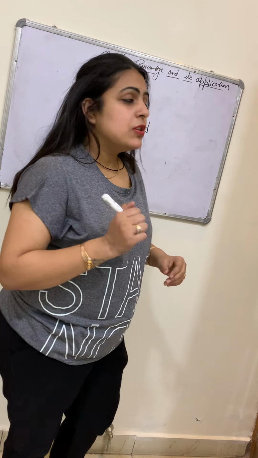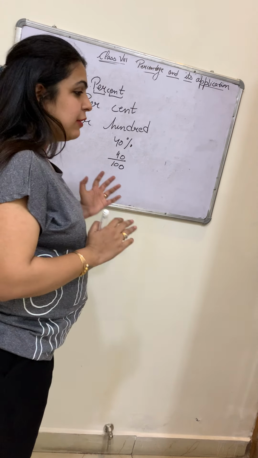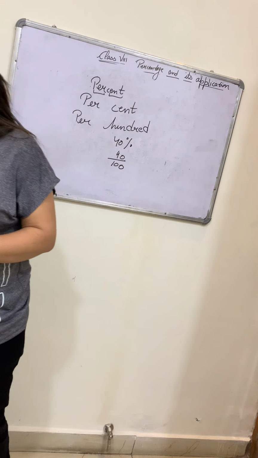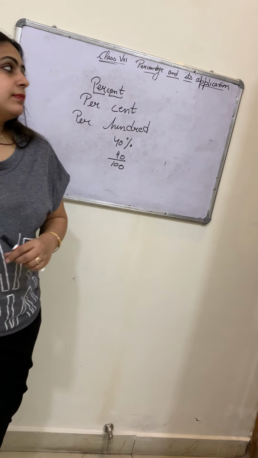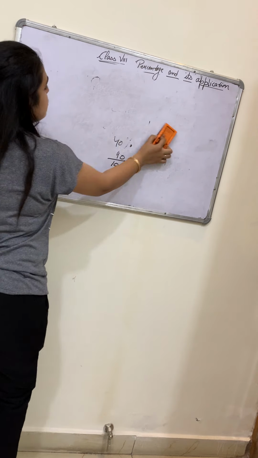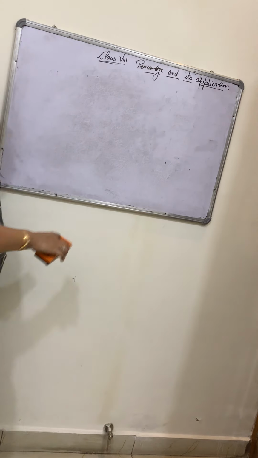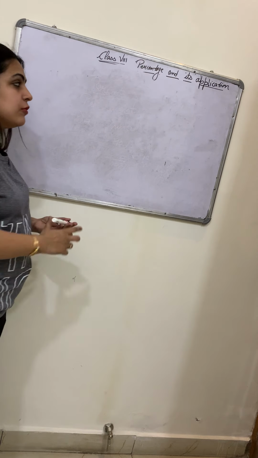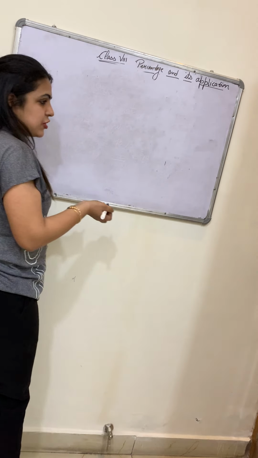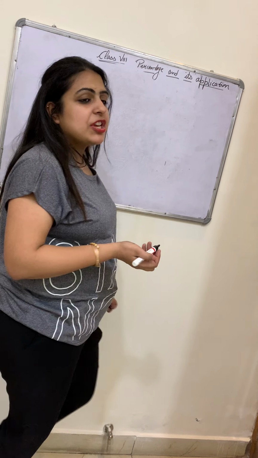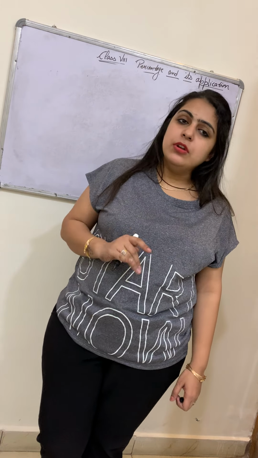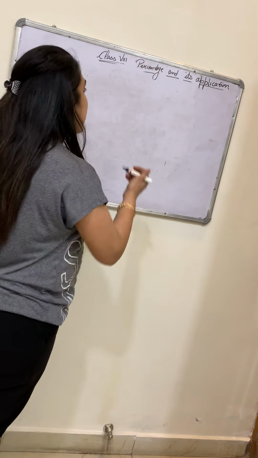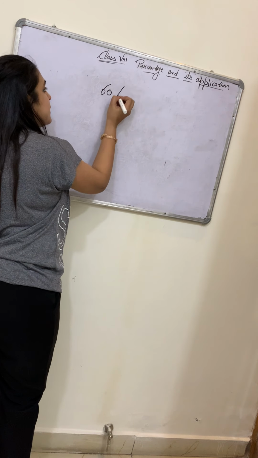All right. So let us come to the part that we are going to learn here. First thing we are going to study is how to change percentage into fraction or decimal and how to change fraction or decimal into percentage. Say I have 60%.